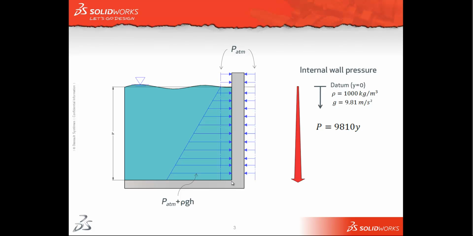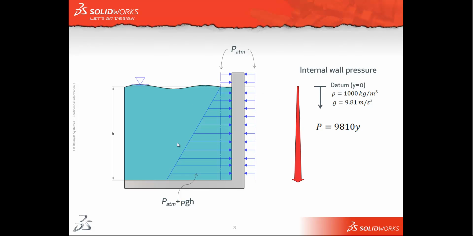And what we're left with is that pressure distribution which builds up as a result of our fluid, which is hydrostatic pressure. And that pressure is proportional to the density of the material, so here water, which has a density of 1000 kilograms per cubic meter, gravity, which is an acceleration of 9.81 meters per second squared, and h, which is the depth from the free surface.